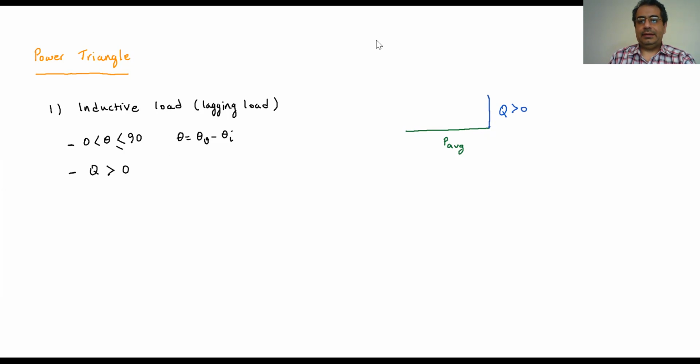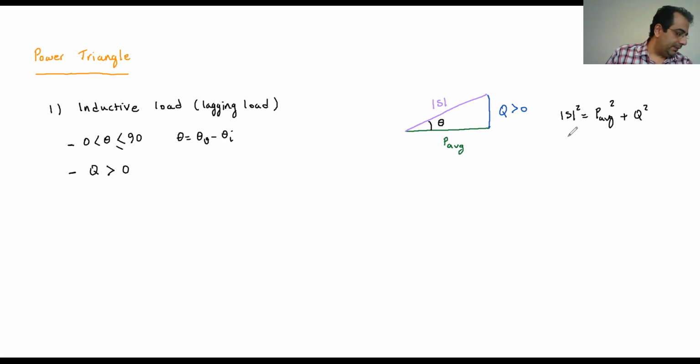And then the apparent power is going to be this one, the S. And as you can see here, this is the theta that we have, and we can also see the S square is the P average square plus Q square.